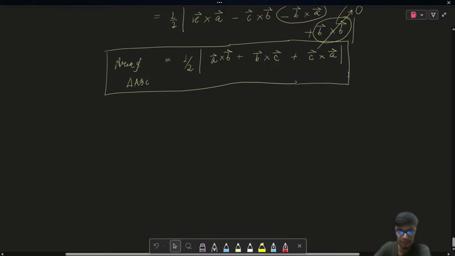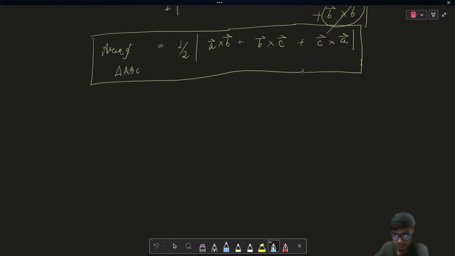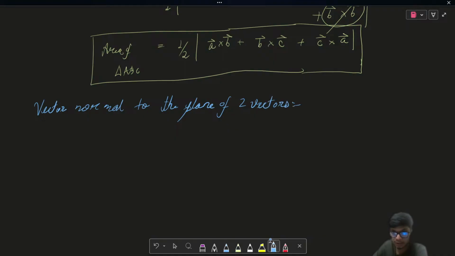Let's start our discussion on the vector normal to the plane of two vectors. Generally we use the cross product to find any vector which is normal to the plane of the two vectors.